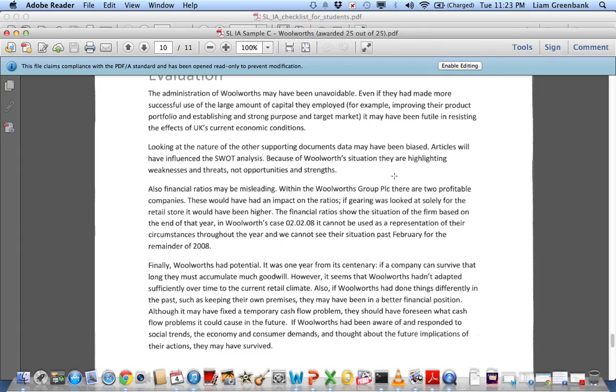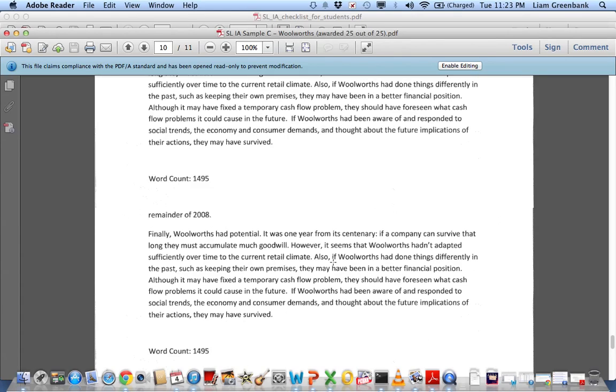And also here the financial ratios may be misleading. They also include some profitable parts of the company. So if we're just focusing on Woolworths as a retail outlet, it's also including some positive figures from other companies, so the ratios are a bit misleading. So it's talking about how reliable the data is that they used. They're being critical about it.